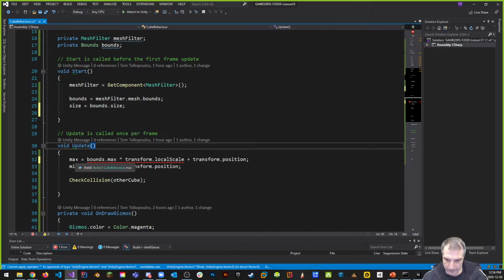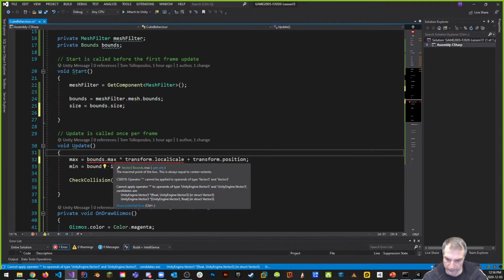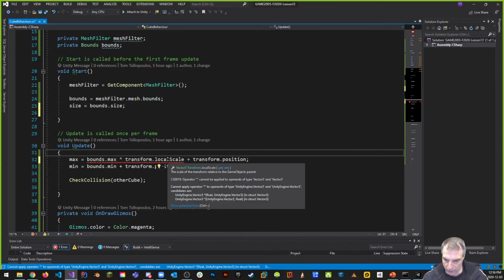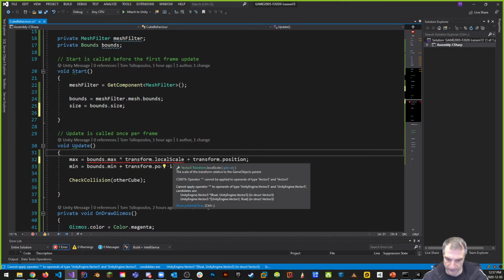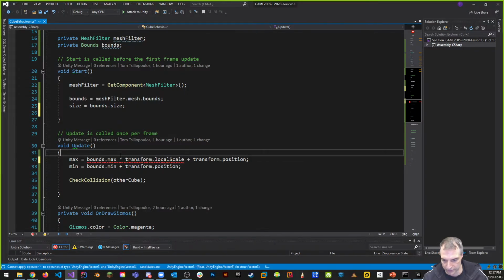Max is a Vector3, and my local scale seems to be a Vector3, and it says it cannot be applied. I can't say max times this. I can't multiply those two things together. It says cannot apply operator star to operands of type Vector3 and Vector3.